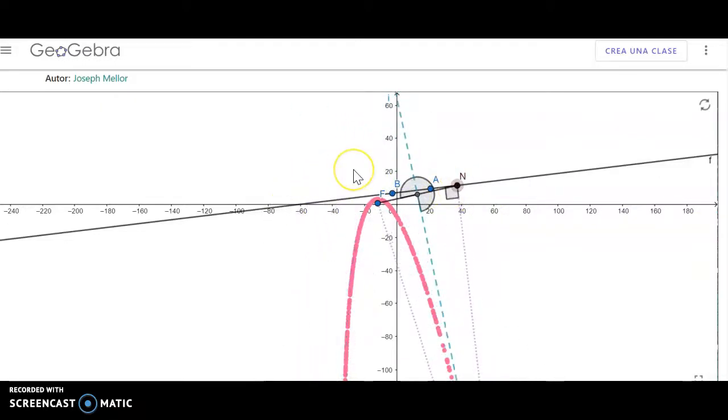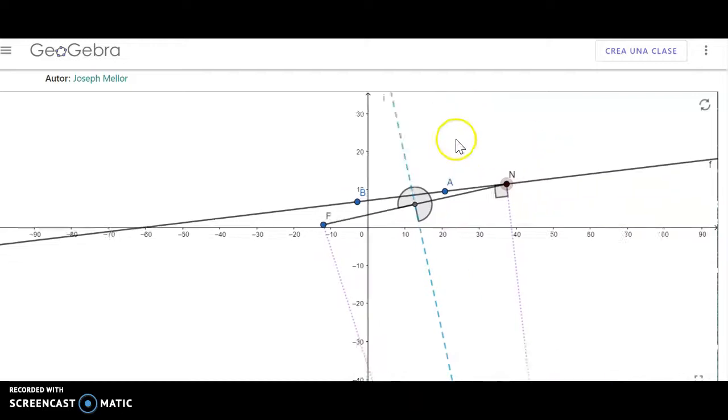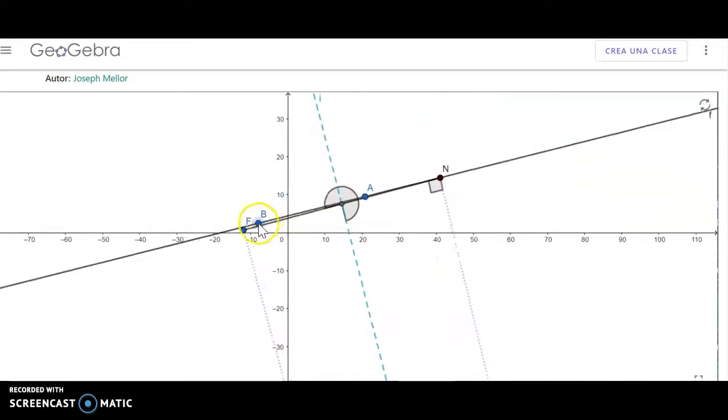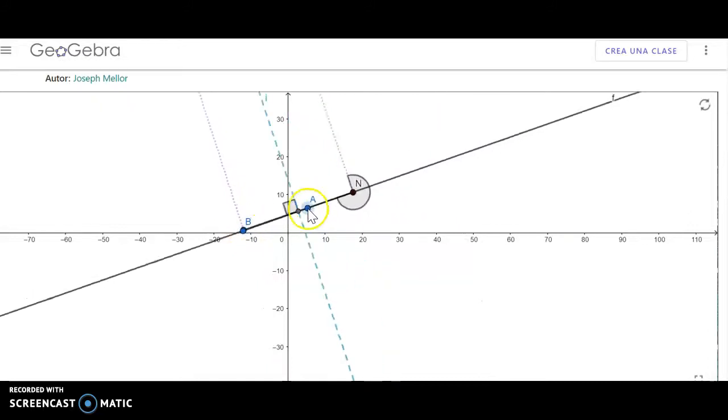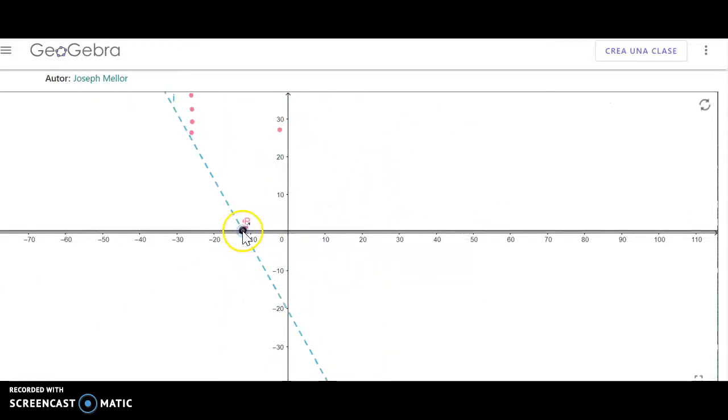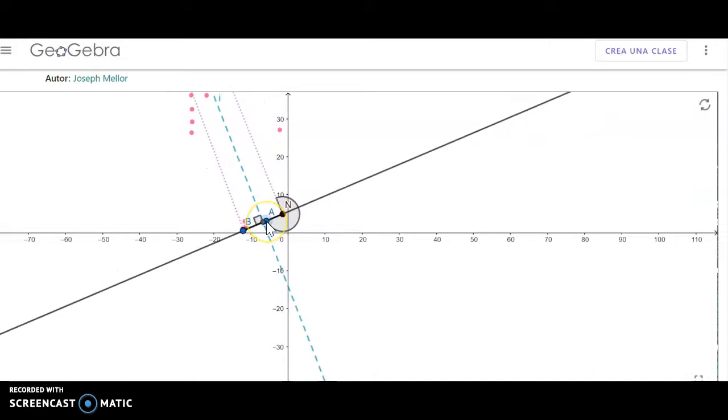What if we put the same points at the same place? Let's put F with B and with A, for example.